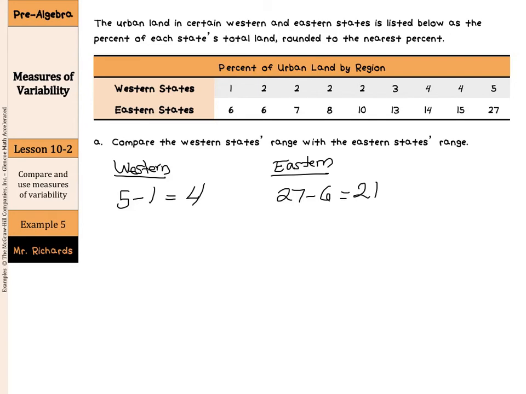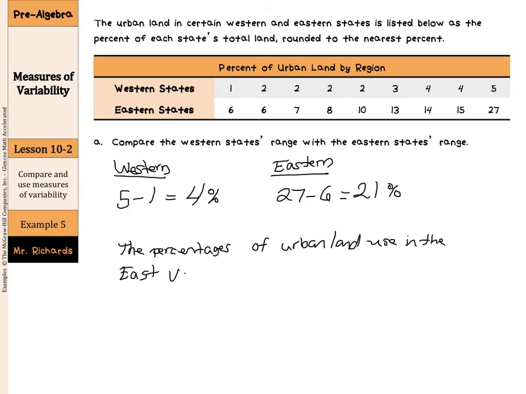So when we compare these, we can say, well, that one was 4%, this one was 21%, and a simple statement would be the percentages of urban land use in the East vary more, meaning there's more variation here.